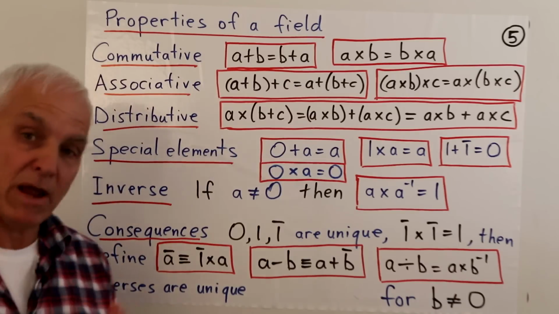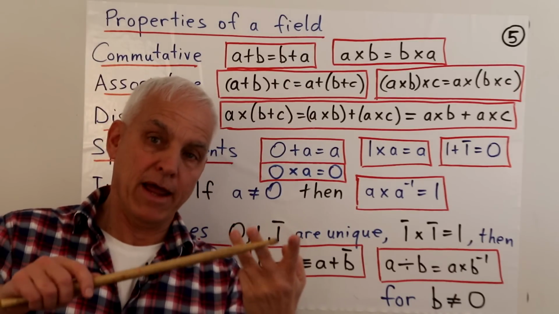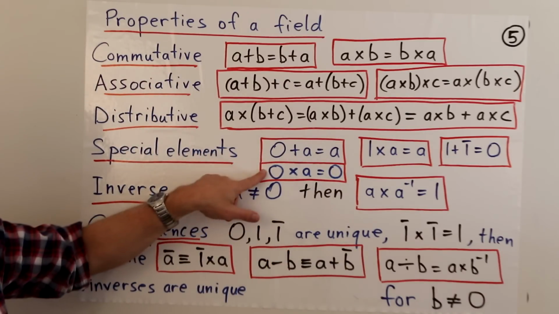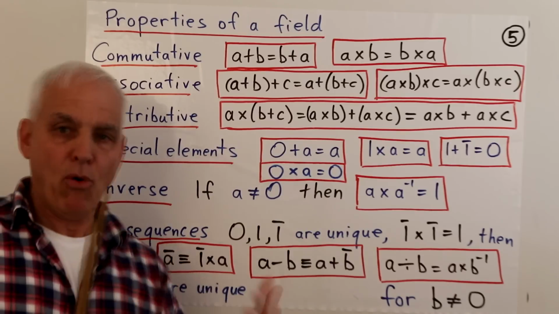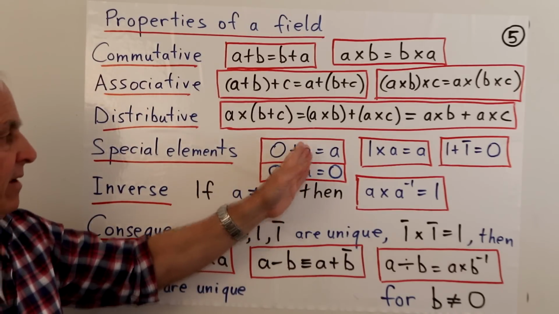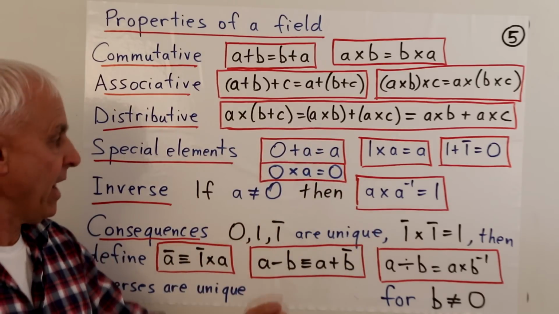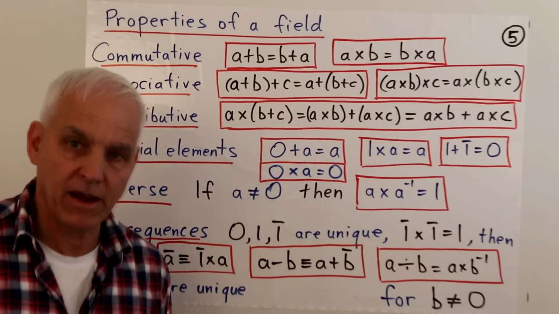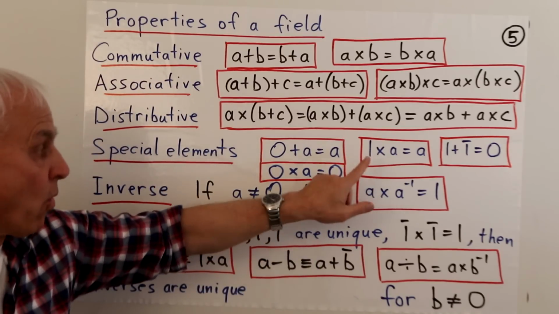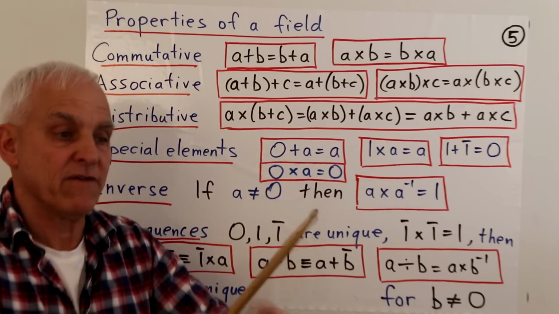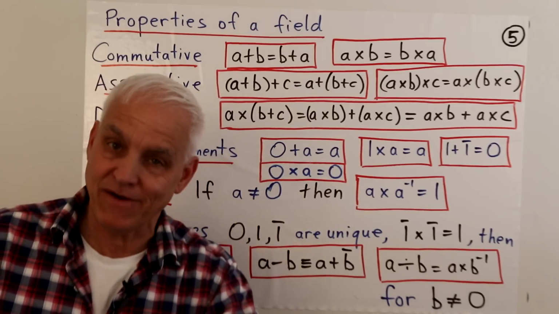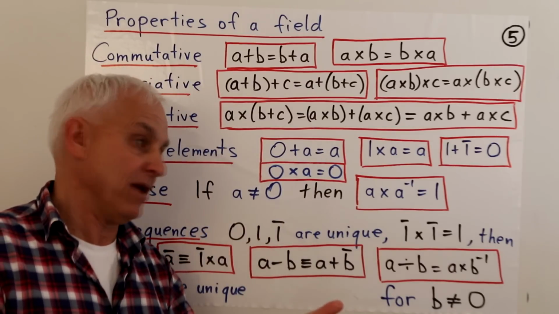Now we have these 3 special elements, 0, 1, and 1 bar, or minus 1, and they have some properties. So 0, which is arguably the most important element, it's right in the middle, 0 plus a is a for any element a, and 0 times a is 0 for any element a. 0 is an additive identity. 1 is the multiplicative identity, so 1 times a is a.